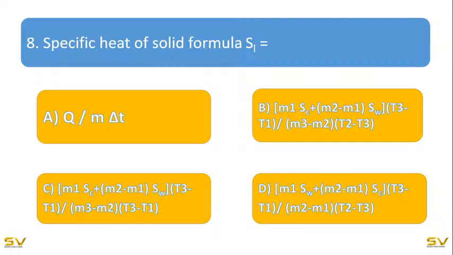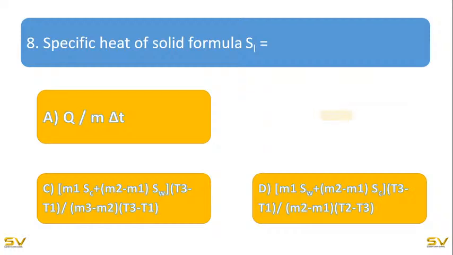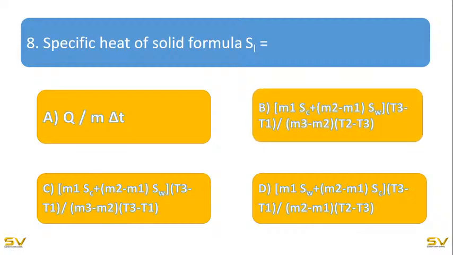So now it's time to reveal the answer. Yes, few members typed it wrong. The answer is option B. I think Rihan, Amruta typed correct. Very good. And even Shushmita also typed it correct. So it is B, because it is a solid, specific heat of a solid.